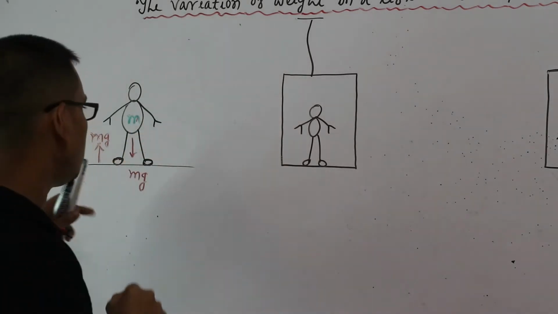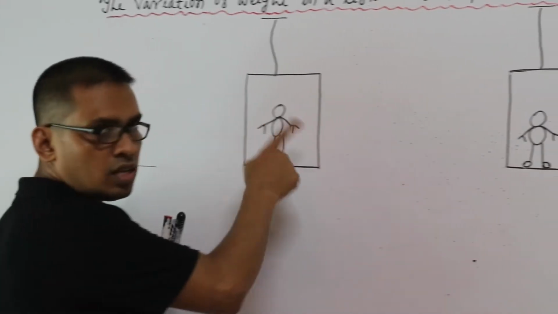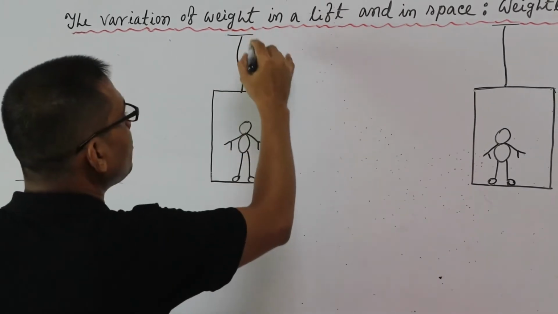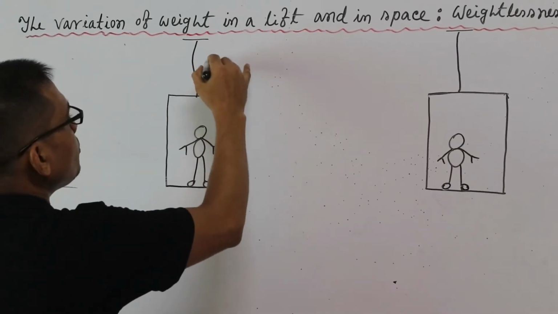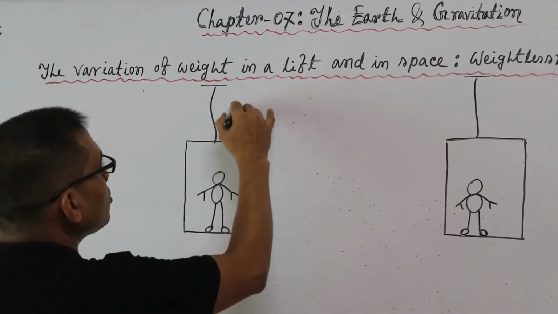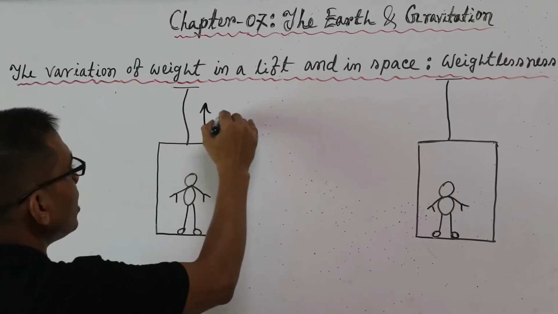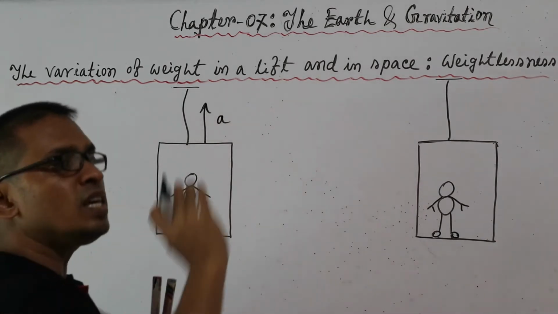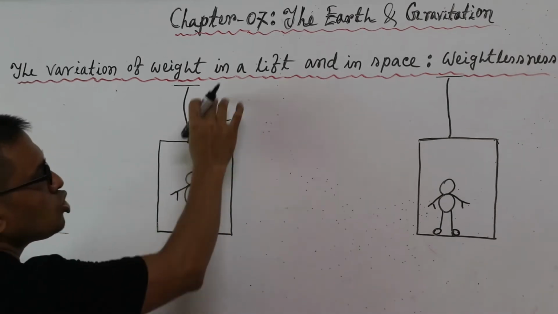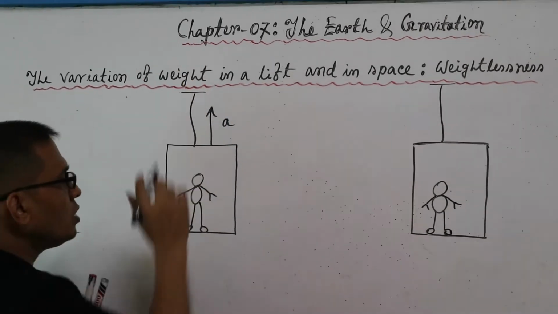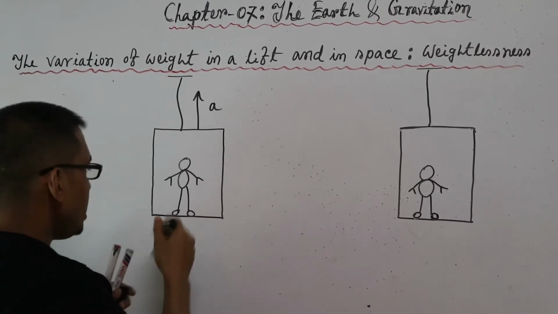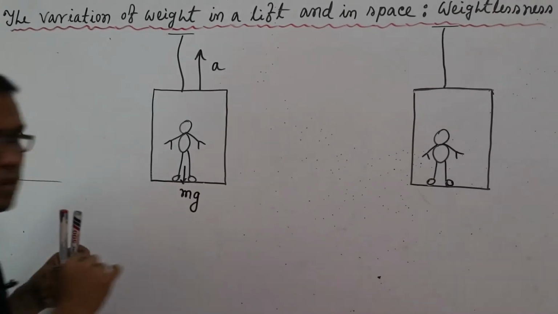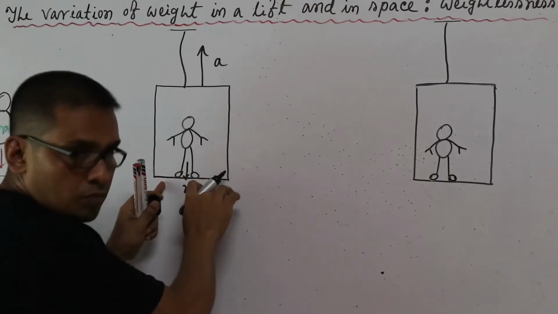Now this person is in the lift, and the lift is an accelerated frame, and it has its own acceleration. Suppose its acceleration is a, and at the time of lifting up, its direction will be upward, and the force applied by this person is mg on the floor of the lift.